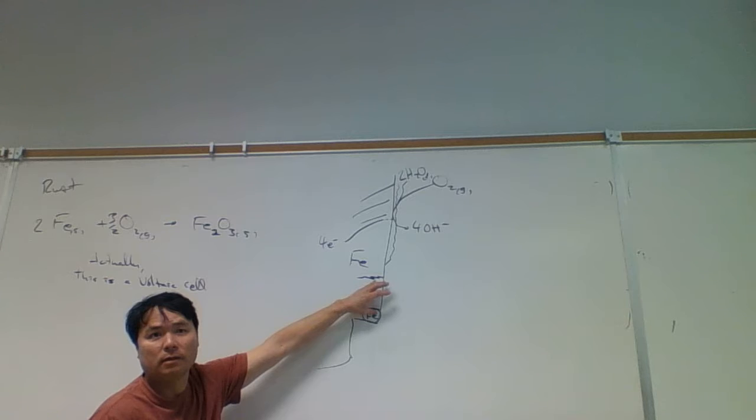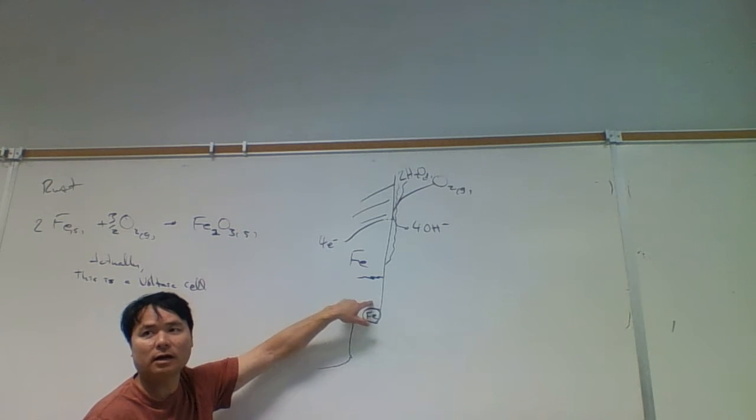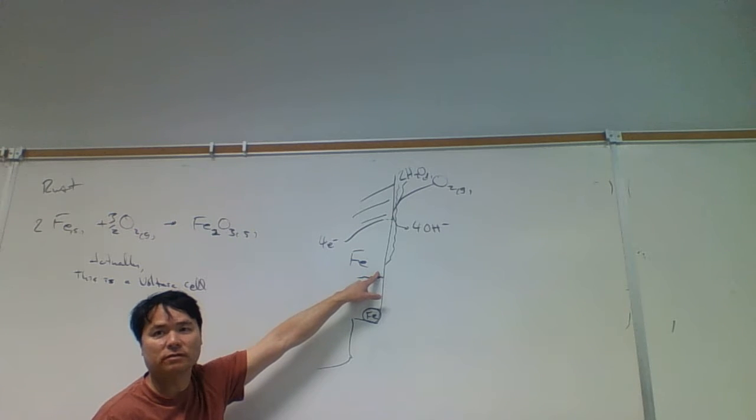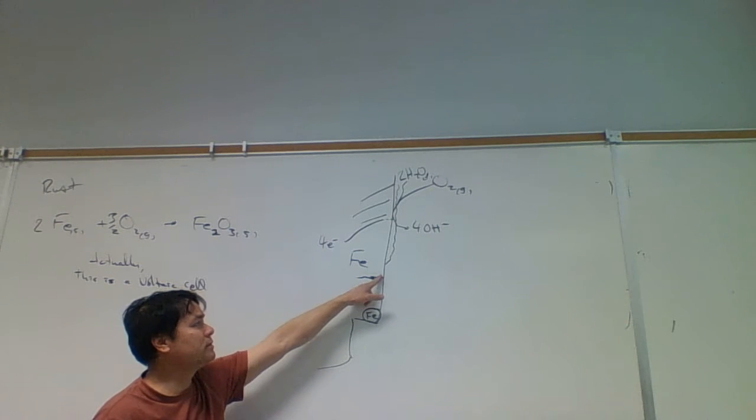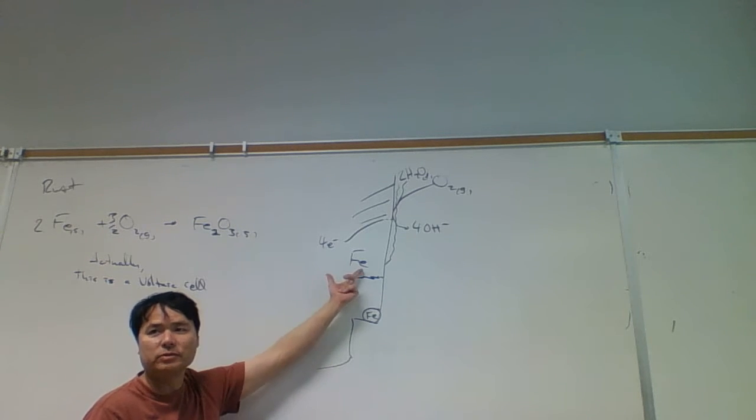No, because iron at the corner is not bonded to as many irons as an iron on the surface. Is an iron on the surface as stable as an iron in the bulk, in the center? No. Do you guys remember surface tension?